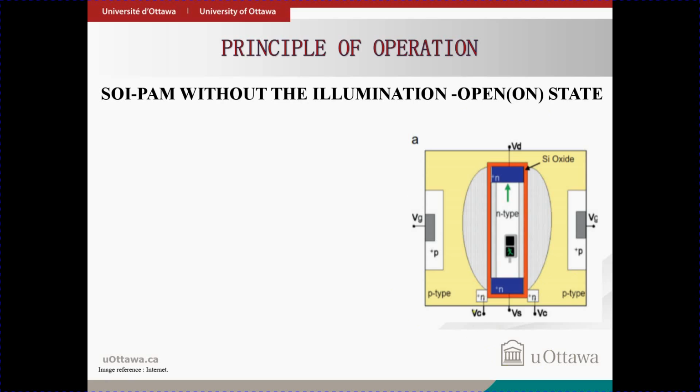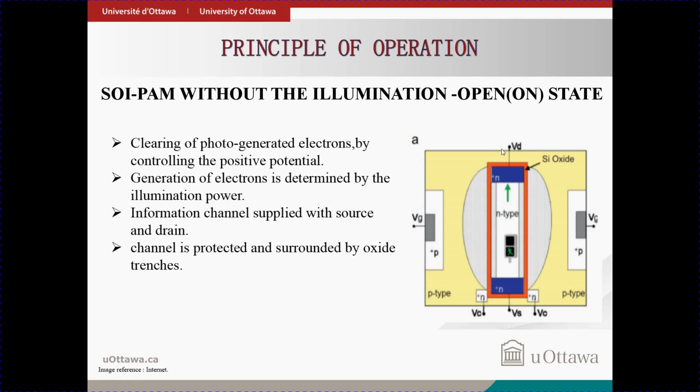You can see that two positive potential VCs are connected at the bottom of the channel, and that can control the clearing of photogenerated electrons, as well as the drain is connected at the top of the n-type channel, and the source is connected at the bottom of the n-type region. The generation output on this device is determined by the illumination power, that means the projection of light.